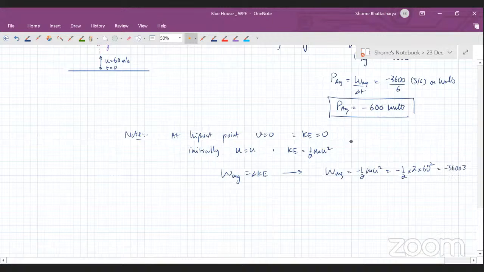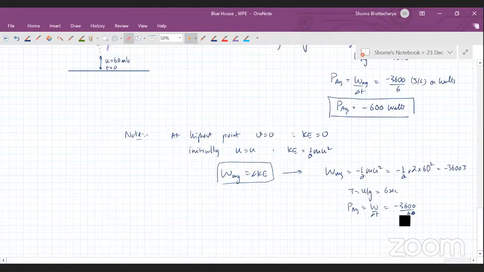Instead of calculating height and all that, we could have just said this, because there's only one force acting on the body, and the time is u by g because the final velocity is 0. So that is 6 seconds. So that's one little trick that we could have used.